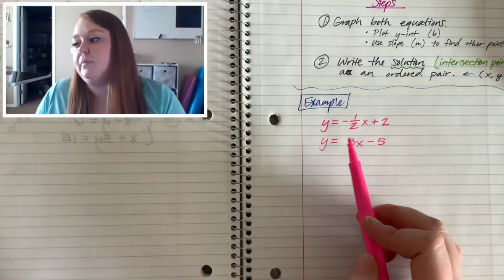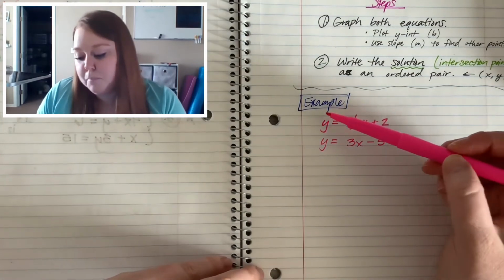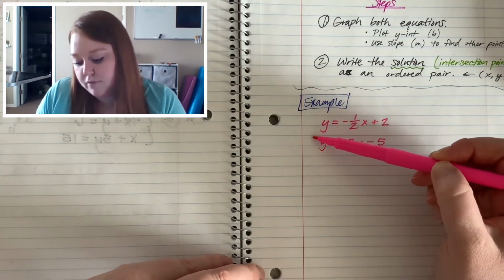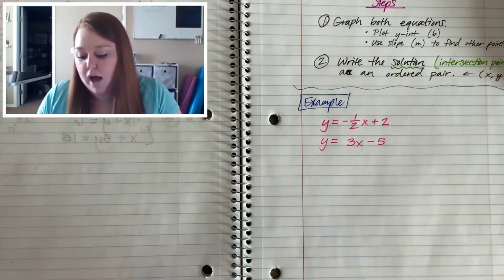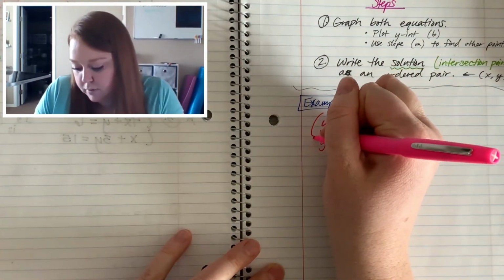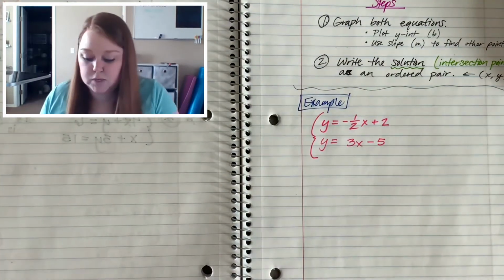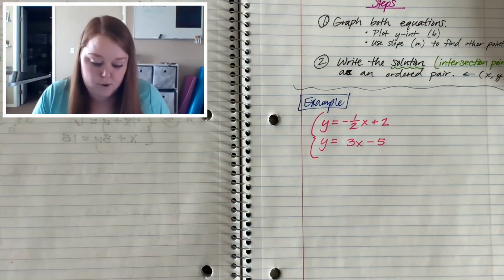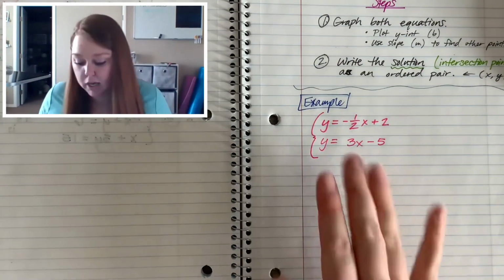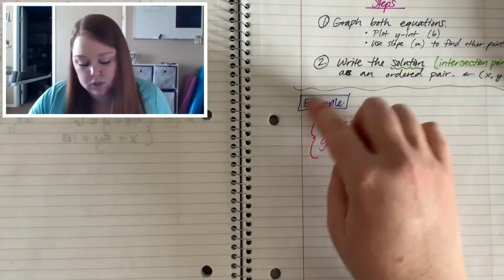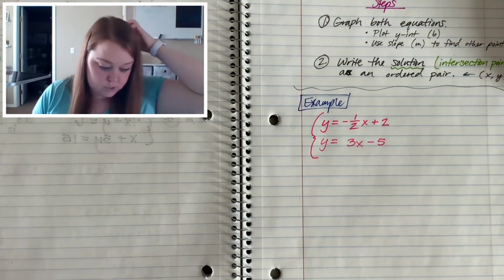So I think I mentioned this before. Most of the time, systems are going to have that little curly brace around them that shows that they're grouped together. I think it's good to get in the habit of doing that, okay? Sometimes they don't have it around them, but that's because it already tells you it's a system, okay? Anyways, get used to that little brace around two equations.